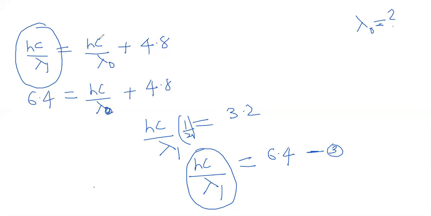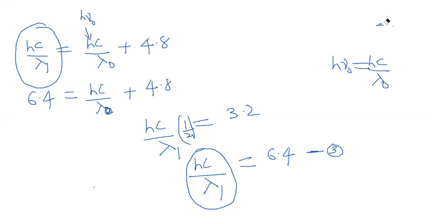What is h nu naught? It becomes HC by lambda naught, right? That's what I wrote. HC by lambda 1 we know is 6.4, so 6.4 is equal to HC by lambda naught plus 4.8. Understood, Vishal? Is it clear?